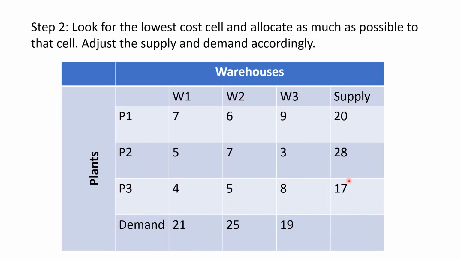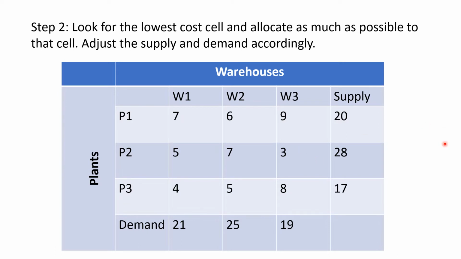So these are the supply, these are the demand, right? So out of all the Cij, what is the minimum cost? As we can see, this is the minimum cost. So allocate as much as possible to this cell. Now what is the demand? 19 is the demand and supply is 28. So definitely we can allocate the minimum of these two to this cell, right?